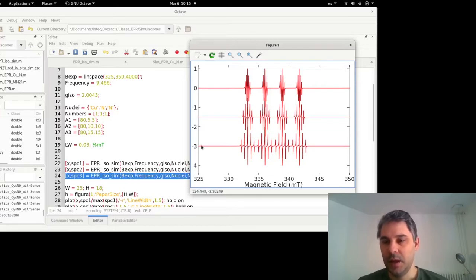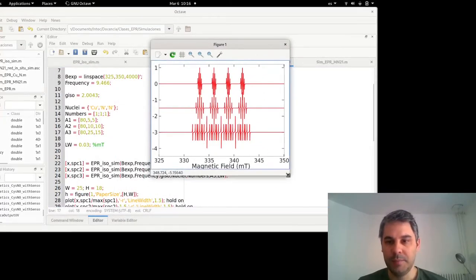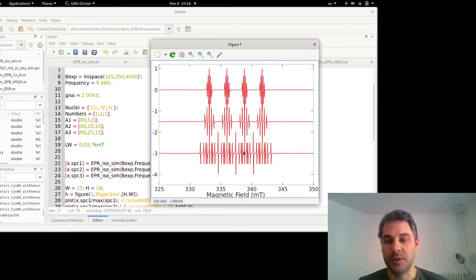So then when the nitrogen hyperfine splittings become 15 and 15, the lines from the different subgroups, the 4 groups of lines, start almost overlapping with each other, so it becomes more complicated. If I increased, for example, one of these hyperfine splittings, and I run it again, then it becomes quite unclear what is going on.